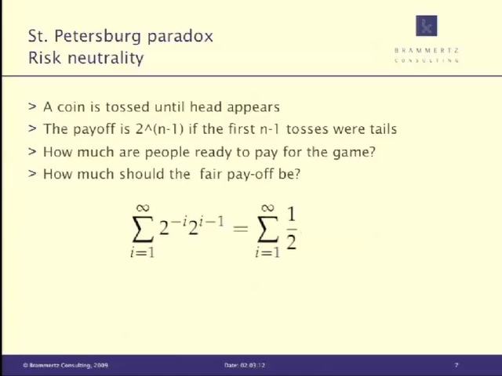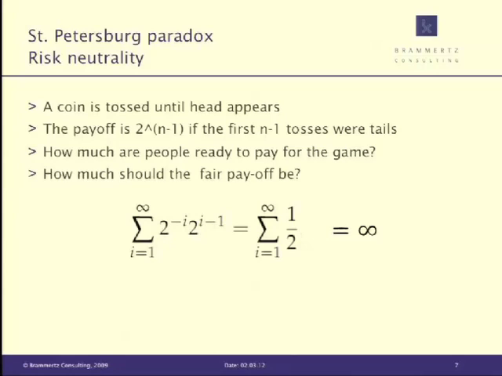Now, if you do the calculus, it's the sum from 1 to infinity of 2 to the i minus 1 times 2 to the minus i. So that cancels out. So you get the sum of 1/2 to endless. And you sum it up endless, you get endless. So the expectation value is endless.